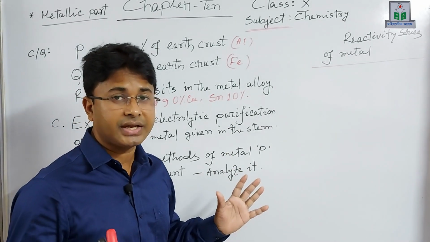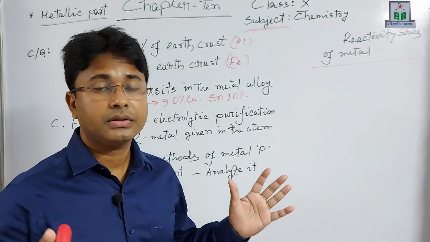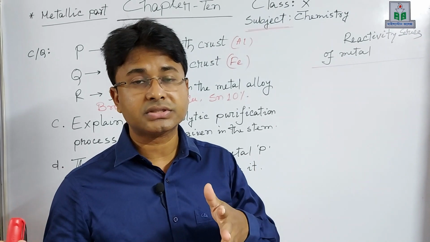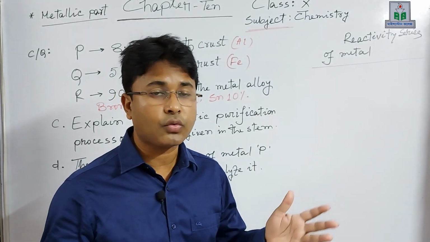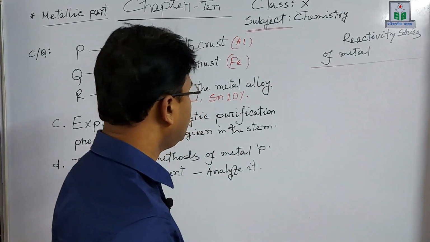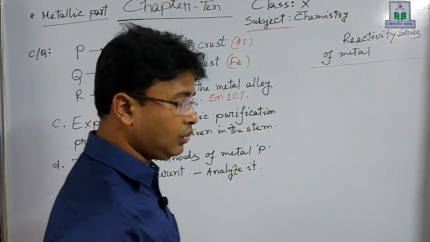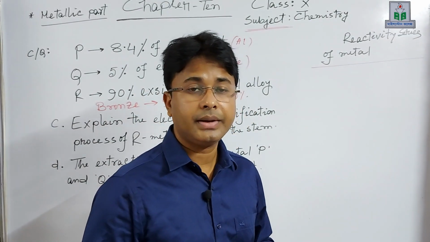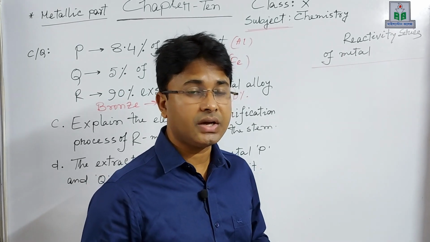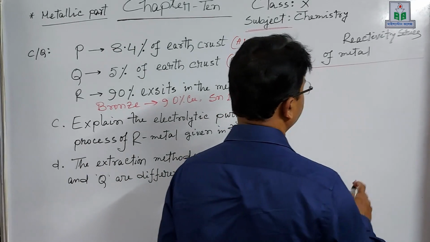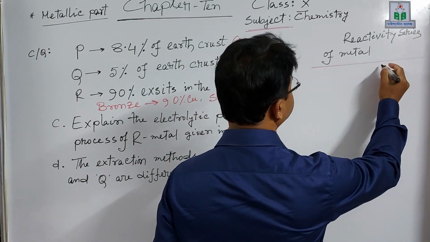Now my question: why are the methods different? To understand this question, you have to know the reactivity series of metals. Look at the whiteboard. I am showing you the reactivity series of metals.